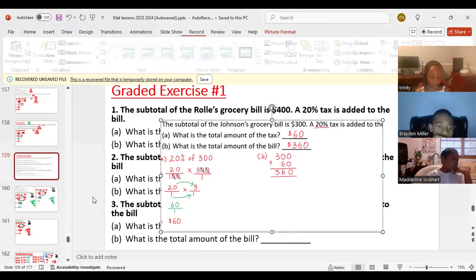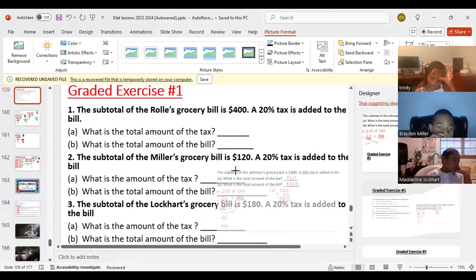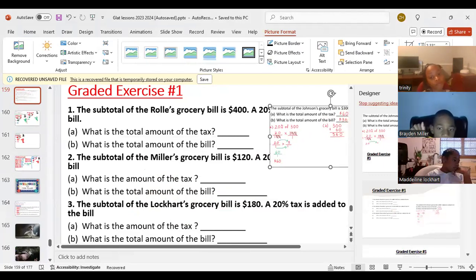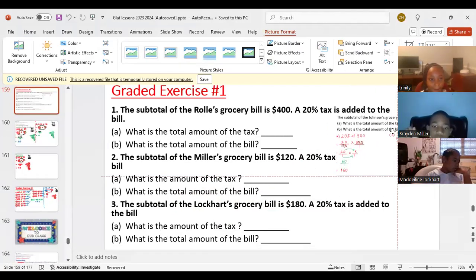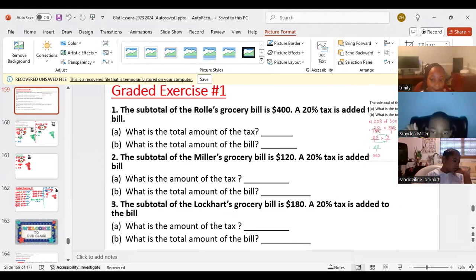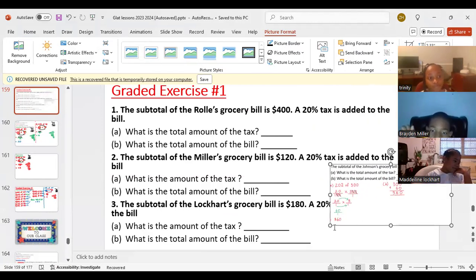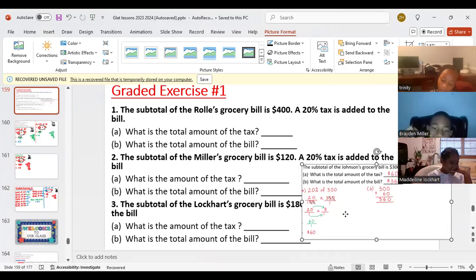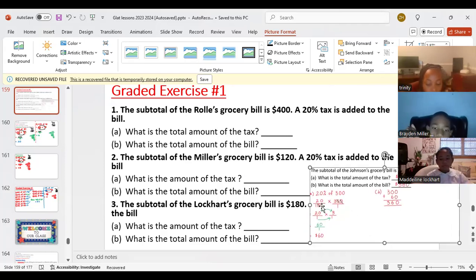So basically what we do, Braden, let me just show you. We do the same thing like yesterday. We do 20% of 300, right? And then instead of subtracting for part B, we add.